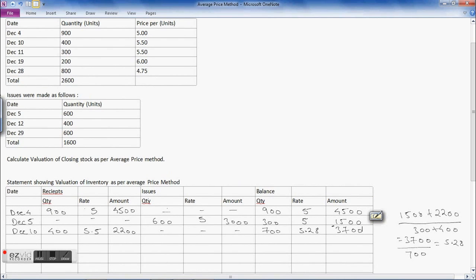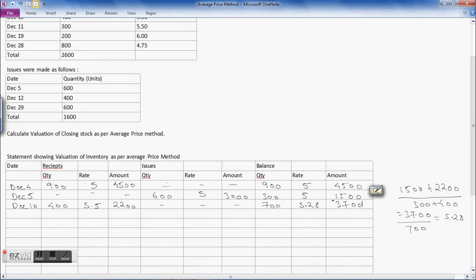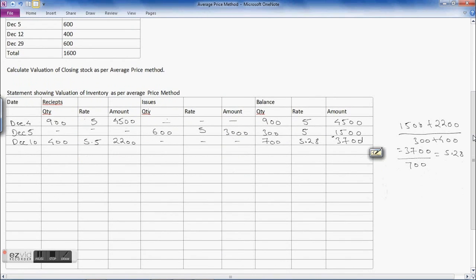Now the next transaction is December 11, a purchase of 300. So we'll put December 11, 300 at the rate of 5.5 again. So the amount comes to 1,650. Now there are no issues, so it will be nil.